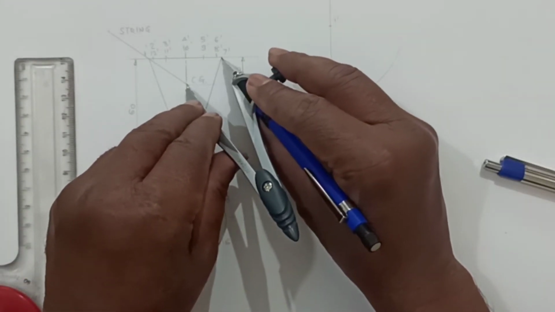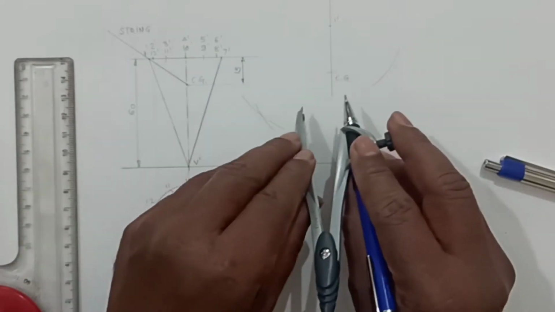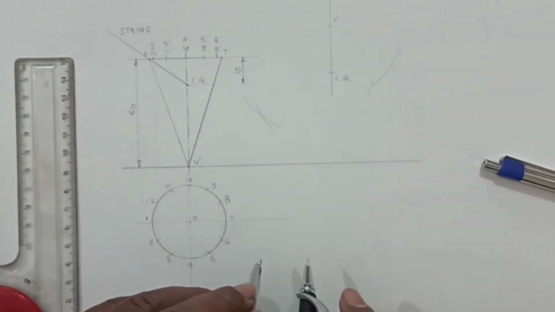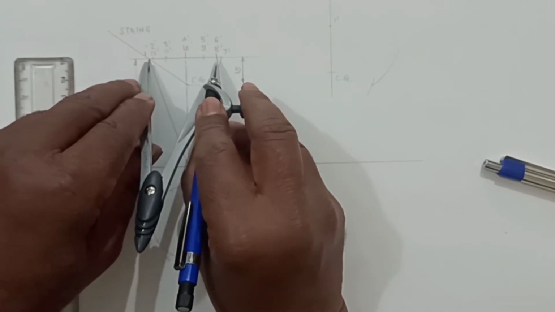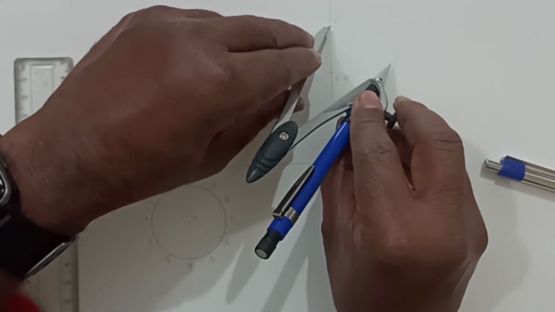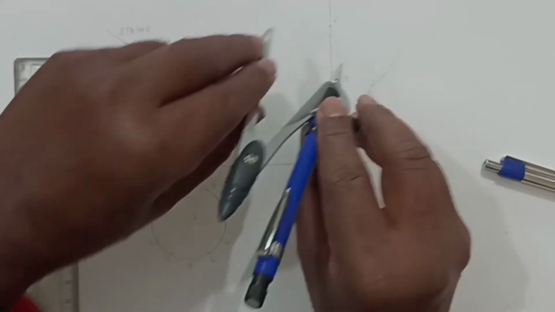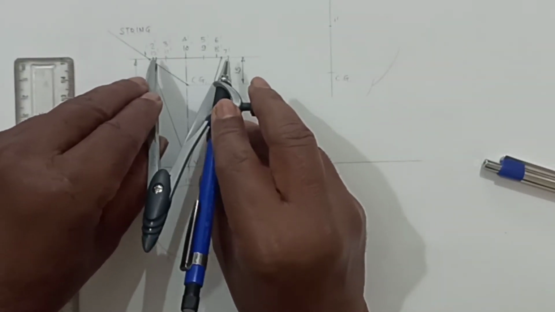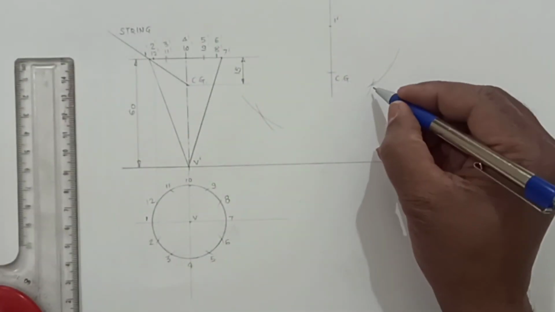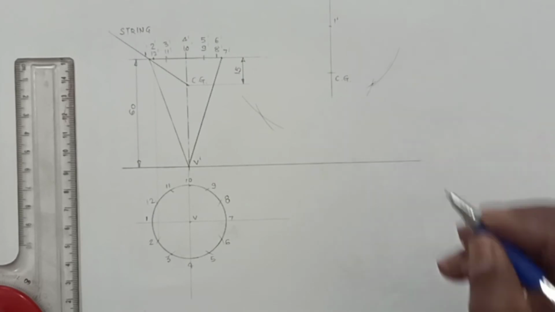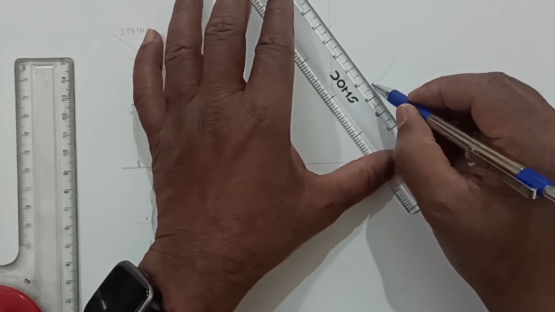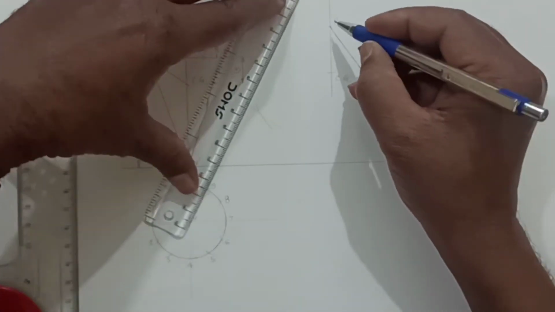Take this distance of 7 dash from CG and transfer this distance, so this will be the point. Now join these points by a straight line.